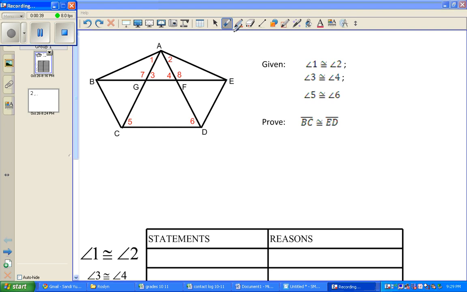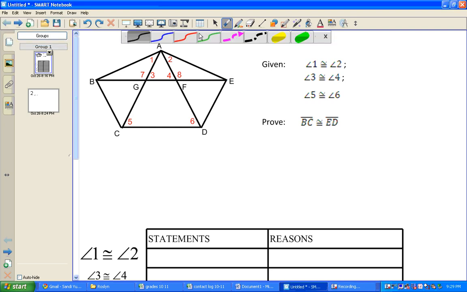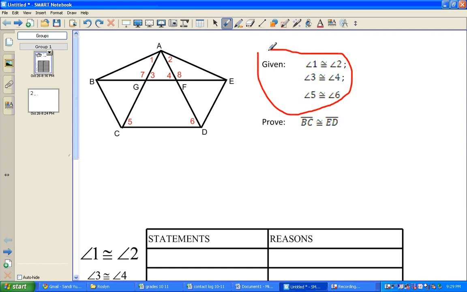Now, just like in class, what we're going to be doing is using the red. We'd like to mark whatever is given and then see what we can do. First, angle 1 and angle 2 are congruent, as you can see right over here.